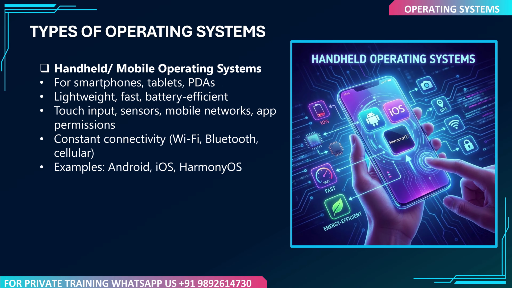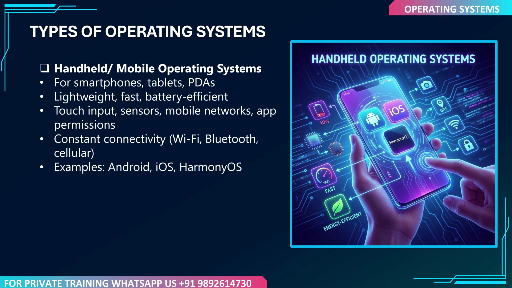Next, we move to smaller devices, handheld computer operating systems. These are designed for devices that fit in your hand, such as smartphones, tablets, and PDAs. The main challenge here is that handheld devices have limited resources, like smaller memory, lower processing power, and battery constraints, so the operating systems running on them must be light, fast, and energy efficient.